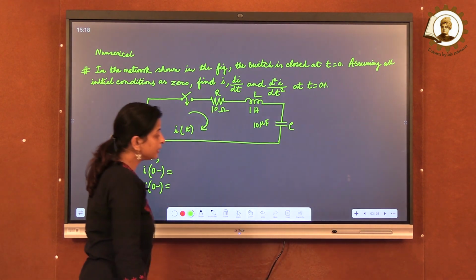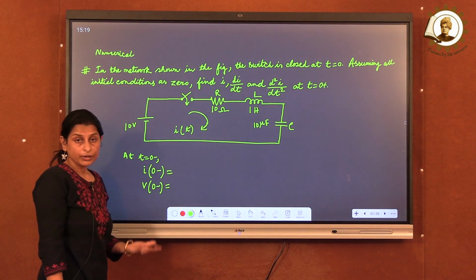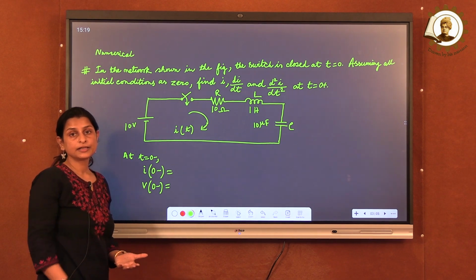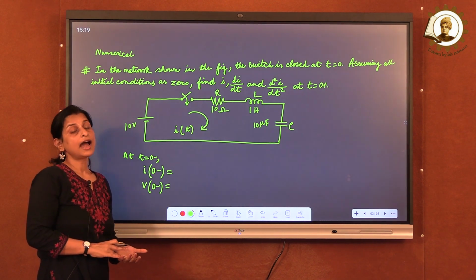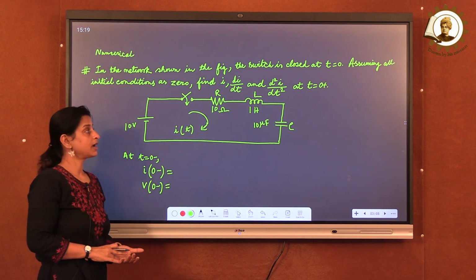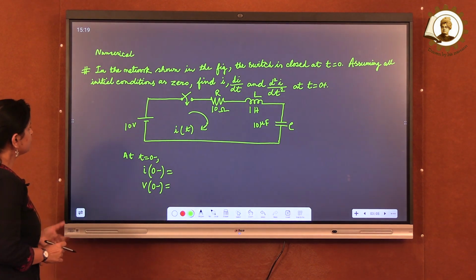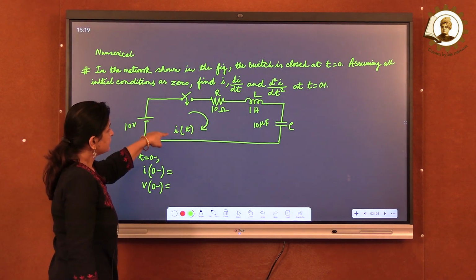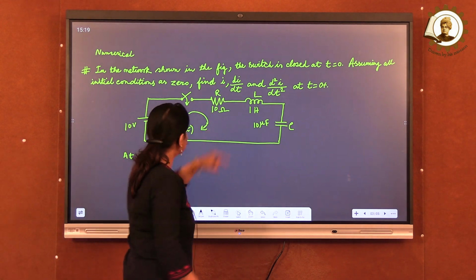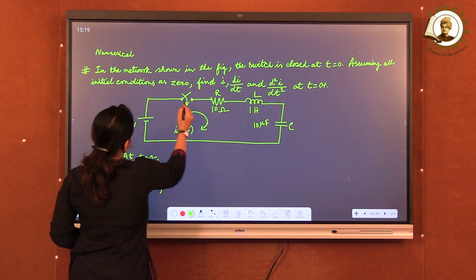For doing the numerical, you have to remember the state of the inductor and capacitor at steady state, at t equal to infinity, and at t equal to 0 plus, just after the switch closes. Here you can see the first numerical, the network in the figure. This is the switch which closes at t equal to 0.